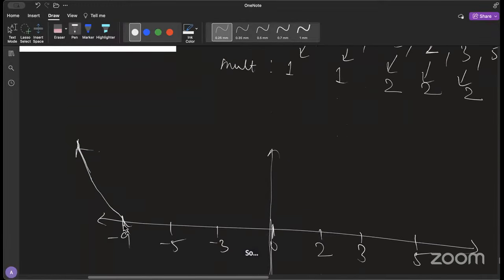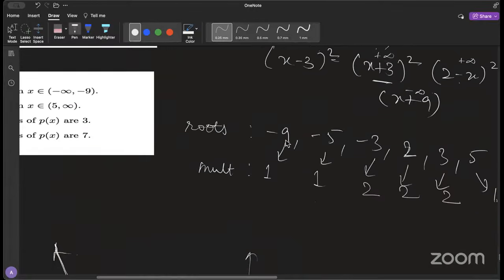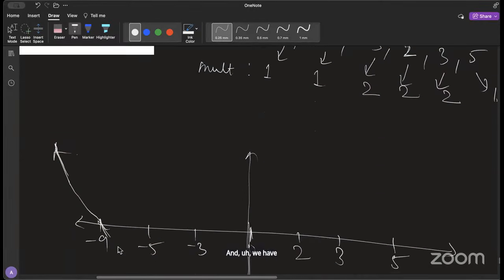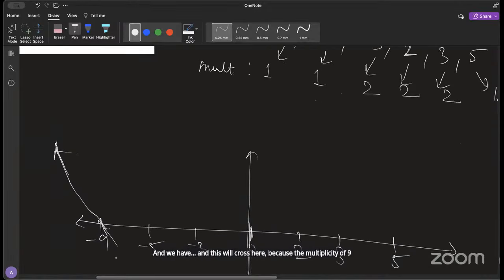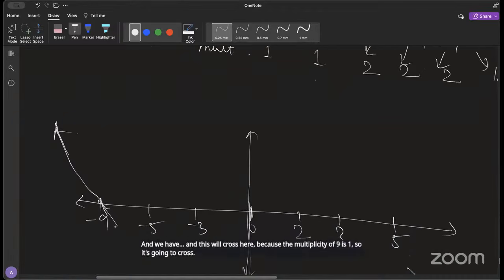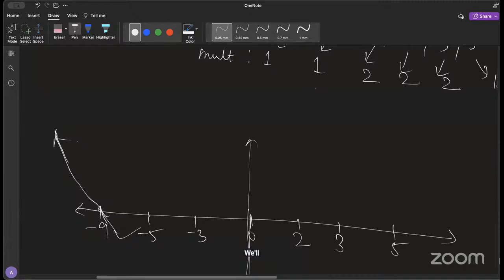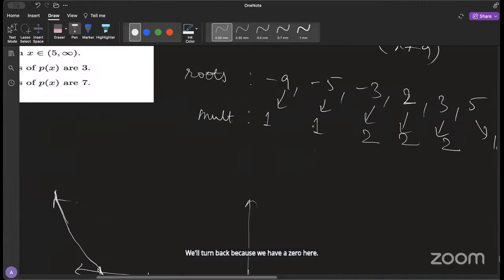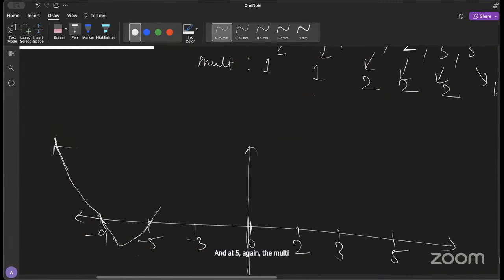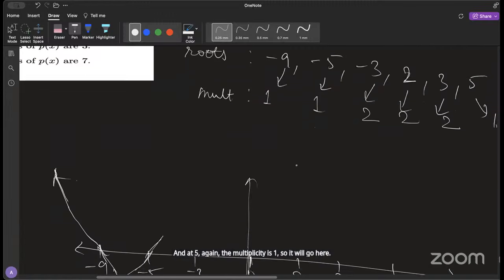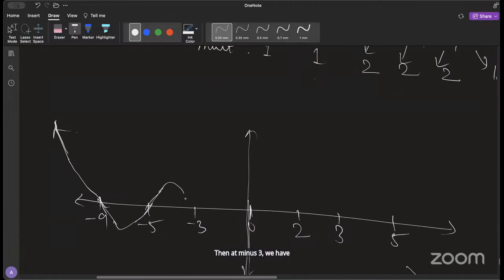So, and this will cross here because the multiplicity of minus 9 is 1, so it's going to cross. Then we'll turn back because we have a 0 here. And at 5, again the multiplicity is 1, so it will go here. Then at -3, we have multiplicity 2, so it will go like this.